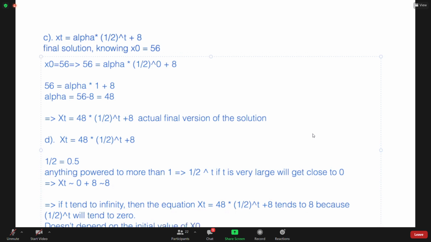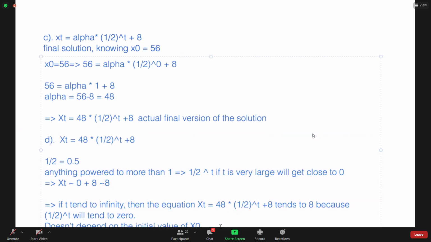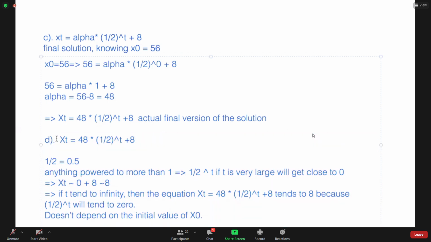And that's it. And let me know, guys, now if this exercise is also clear enough. What I mean was part C, where we have calculated the alpha, and then part D, where we did a little bit of mathematical analysis. Is this clear? I'm pretty sure this is not something that you're going to have in your exam, I can guarantee, because we didn't actually study this extensively in university, so you cannot get an exercise like this.